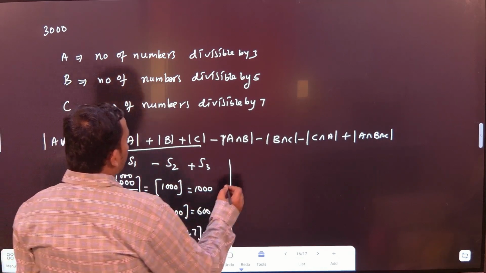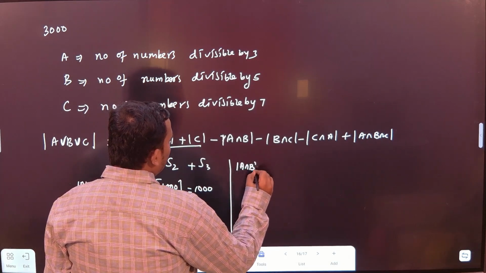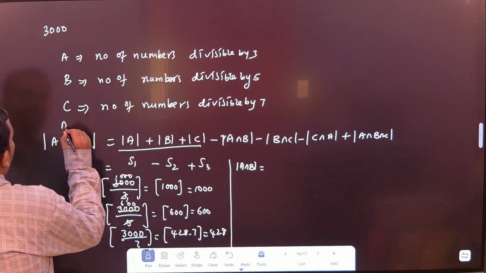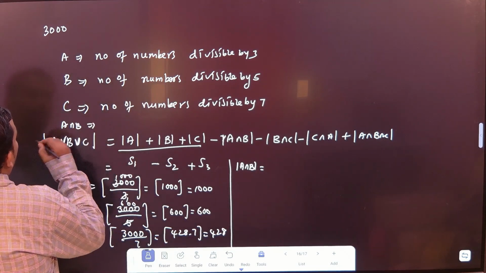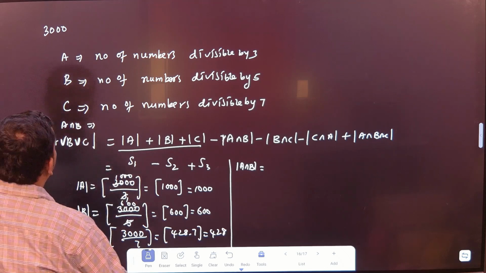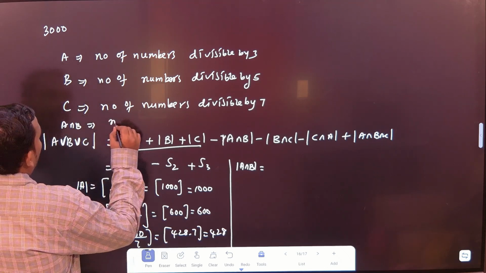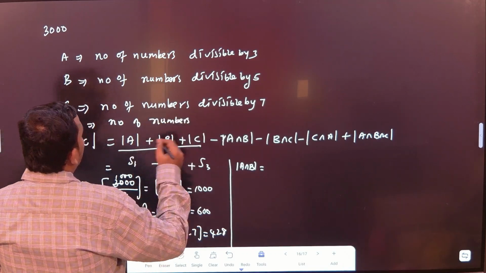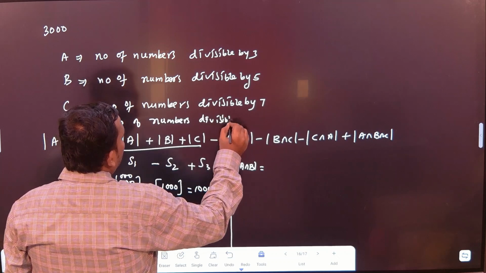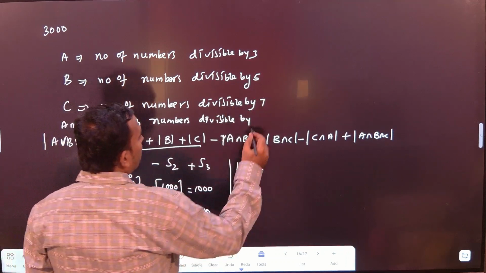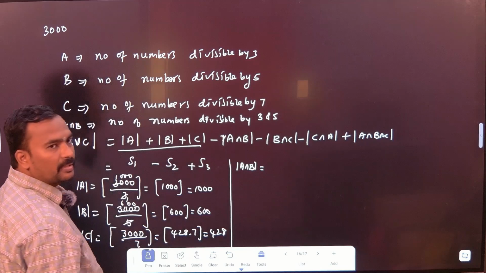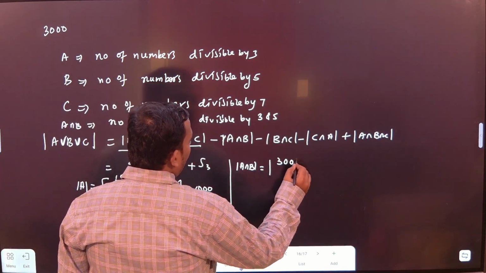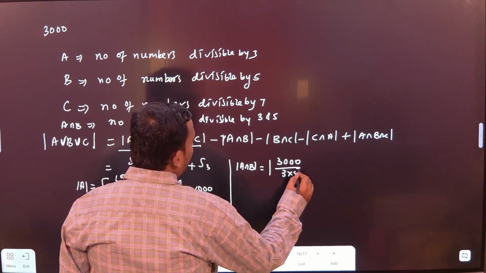Now you have to calculate A intersection B. A intersection B means the number of numbers divisible by 3 and 5. That means you take the LCM, 15, you can write, right? That means 3000 divided by 3 into 5.